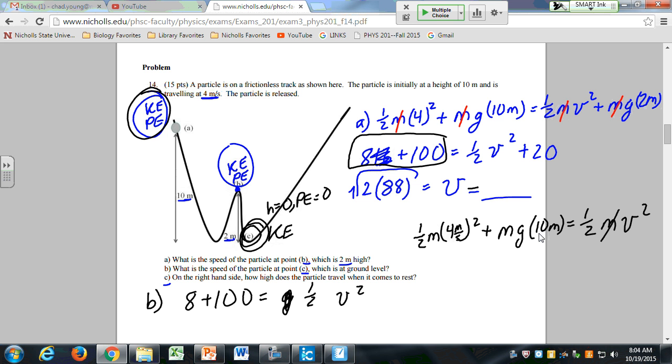The m's cancel. I'm left with 8 plus g times 10, which is 100, equals 1/2 v squared. So it's going to be the square root of 216 equals v.